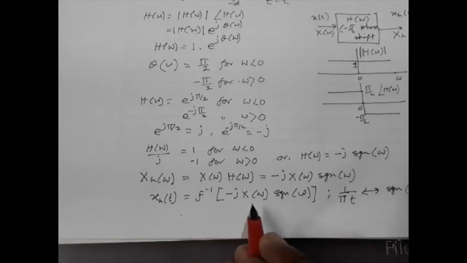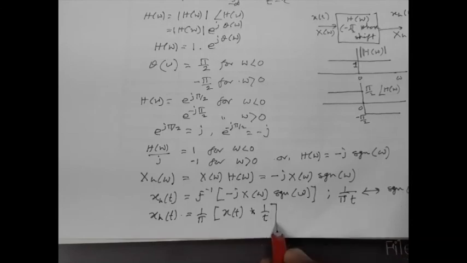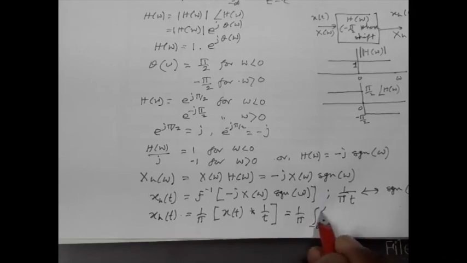So using time convolution theorem, we can write xht equal to 1 by pi xt convolution 1 by t, that is equal to 1 by pi minus infinity to plus infinity x tau by t minus tau d tau. So that's the proof.